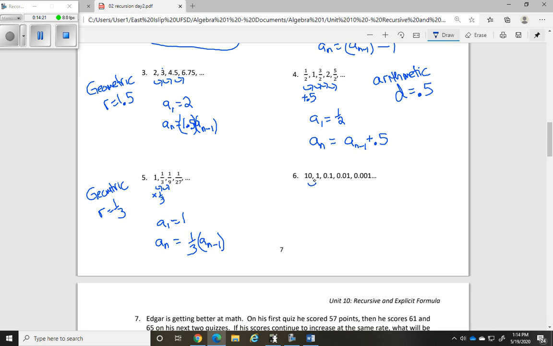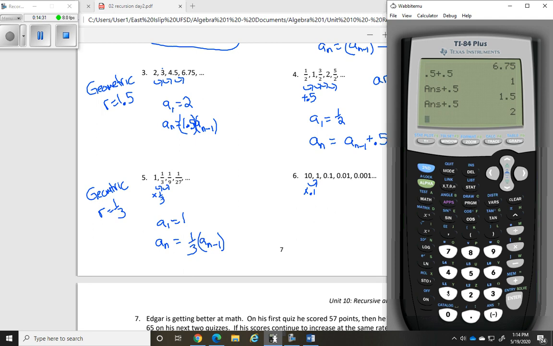This next one looks like I'm multiplying by 0.1. Again, you could always test it if you're not sure. 10 times 0.1 is 1, times by 0.1 is 0.1, times by 0.1, 0.01, so I'm definitely right.